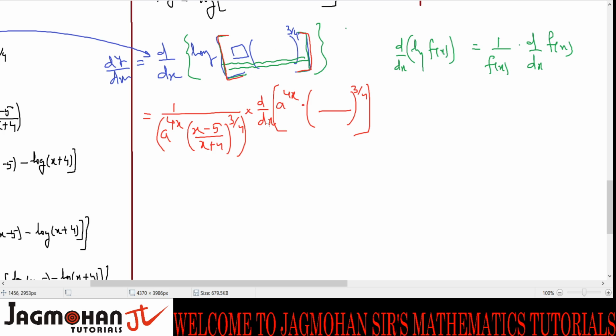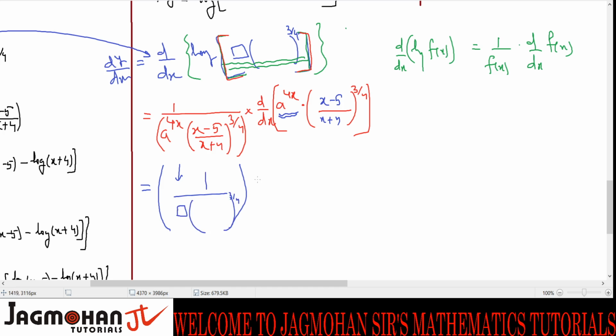Further, look at this, what you have. Here you have to now go for the product rule. This is u multiplied with v, x minus 5 here and x plus 4. So the next step, you will copy this as it is, which is quite big: a raised to 4x, and this is here 3 by 4.